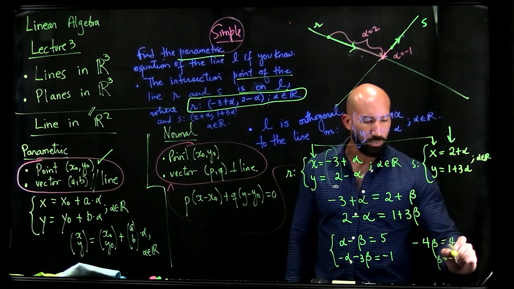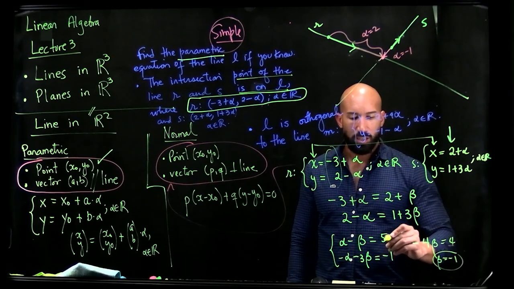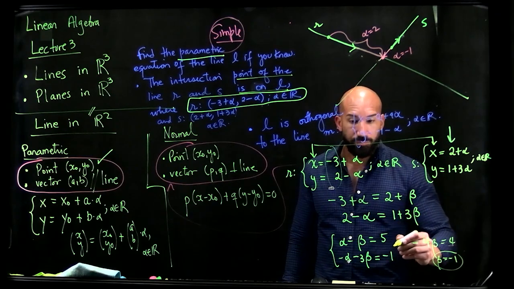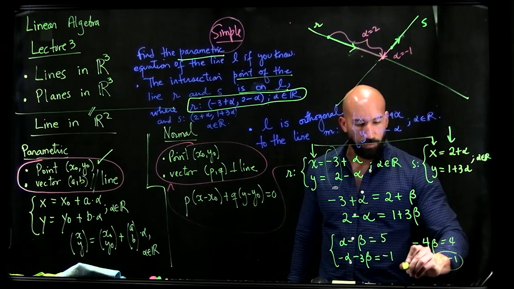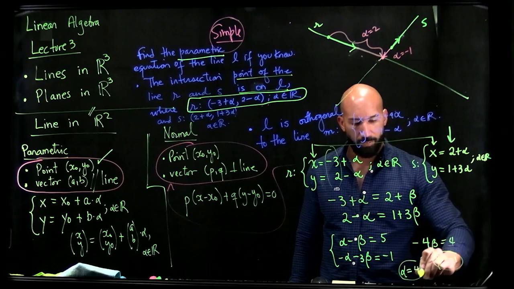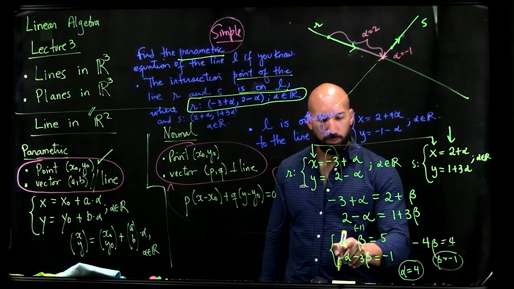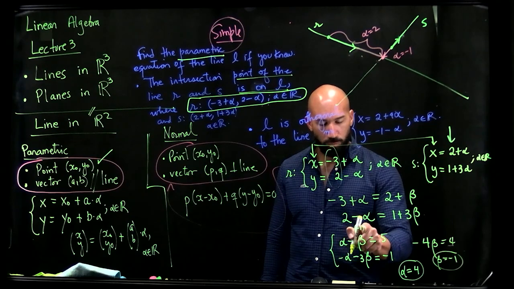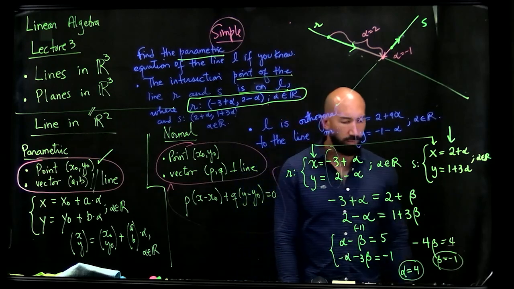Beta is equal to -1. And if beta is -1, this becomes alpha minus -1, which is alpha plus 1 equals 5. Alpha needs to be 4.